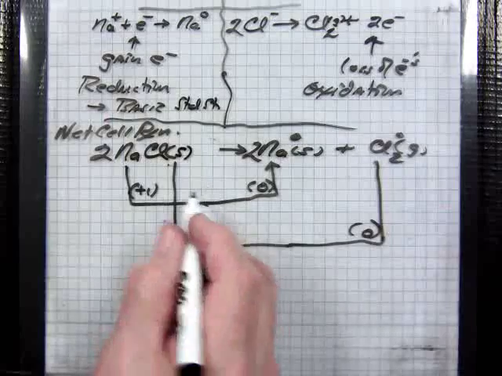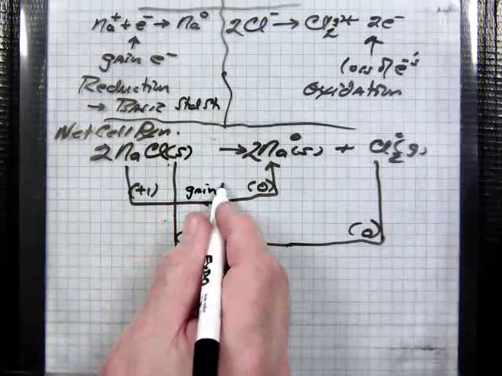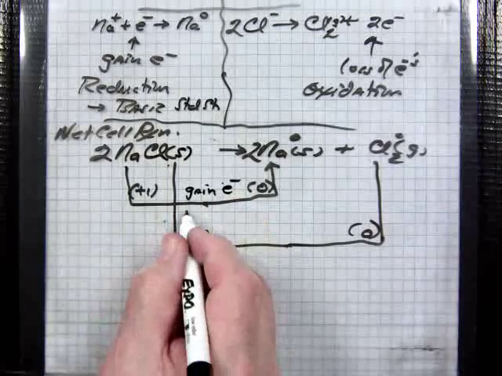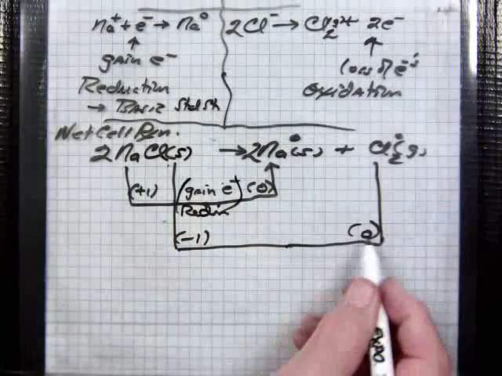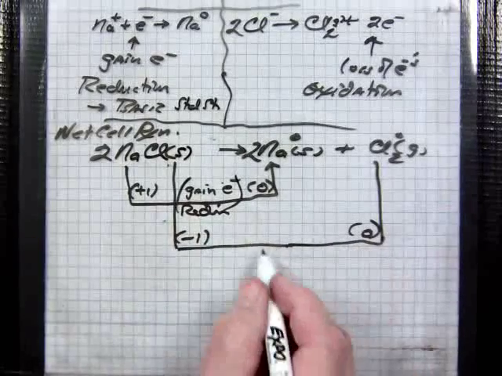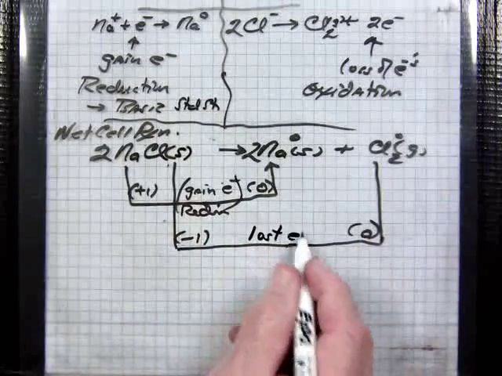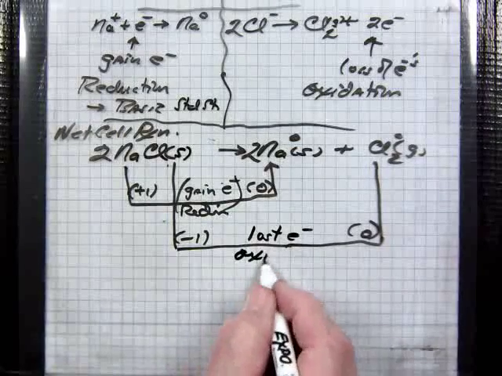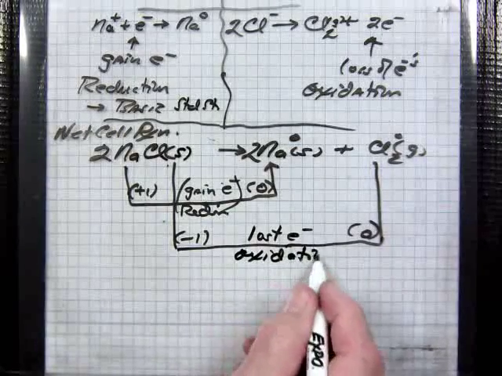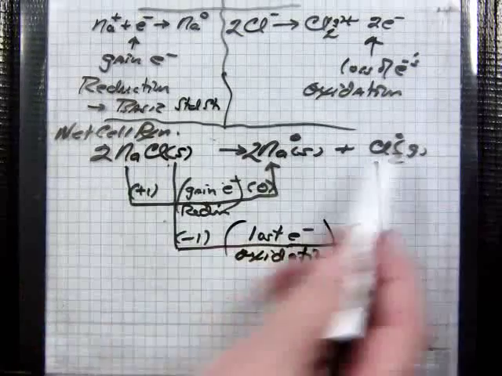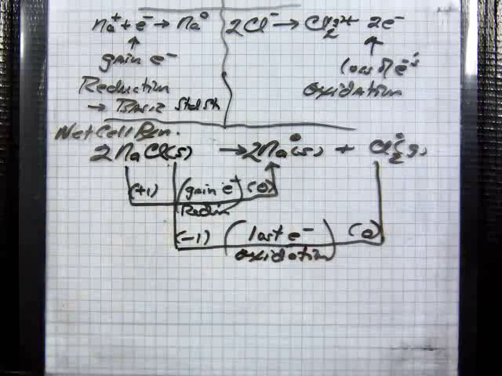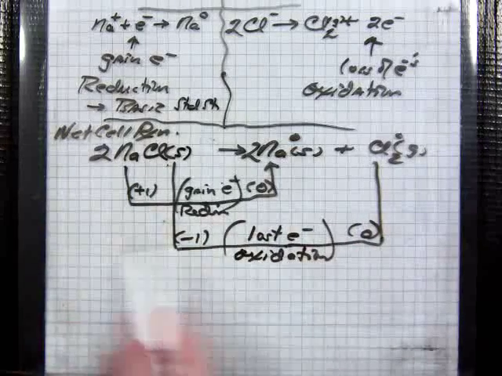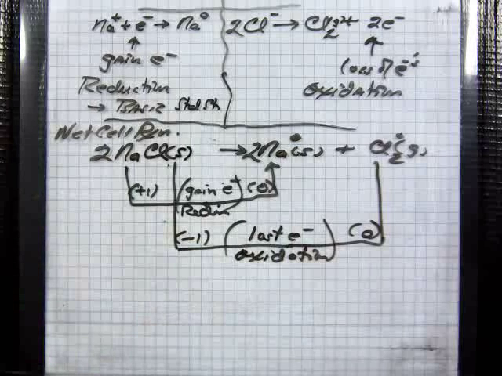You gain an electron, and that is your reduction side. And you go from -1 to 0, you're losing an electron, and that is your oxidation side. So once you have this net equation, you can identify the reaction as oxidation reduction by this change in oxidation state. And you can do that with any of the reactions that we just talked about.